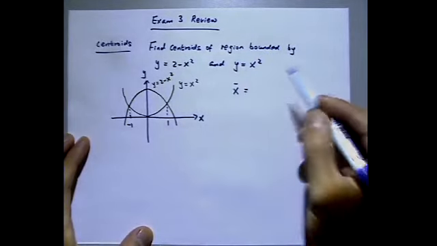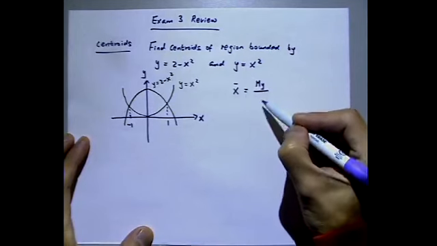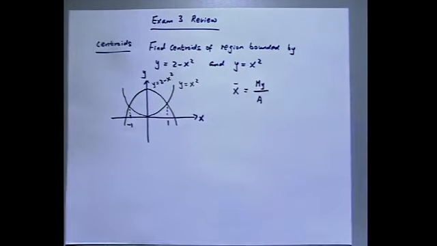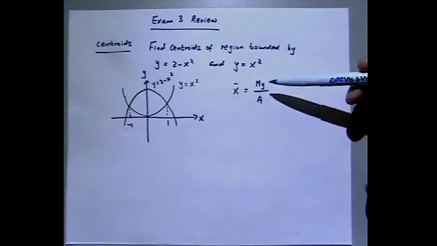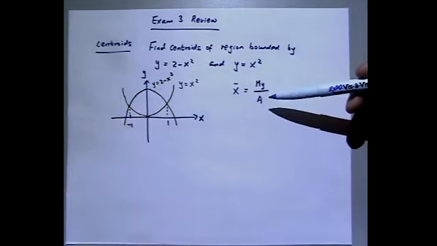And we need two things, of course. Remember, to find the x location of the center of mass, we will find the moment about the y-axis divided by the area.